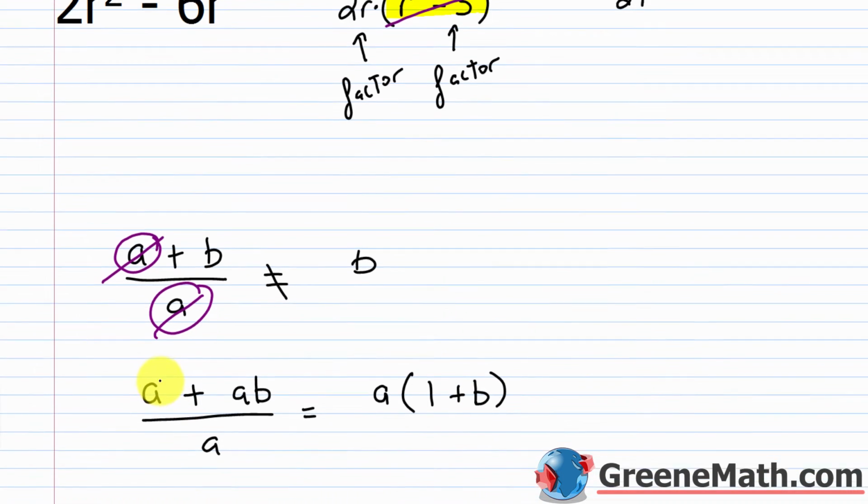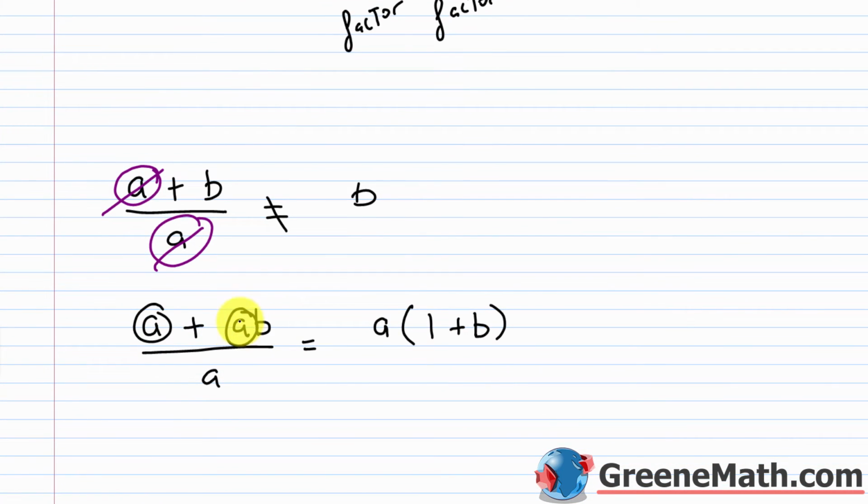And you see what I did there? I had an a here and an a here, and I pulled it out and put it outside of the parentheses. So a times 1 would be a, that would give me that back. A times b would be ab. So all I did was factor that a out and put this over a. And now in this particular case, these are factors. A is a factor, the quantity 1 plus b is a factor, and so I can cancel common factors. So very, very important that you understand that.